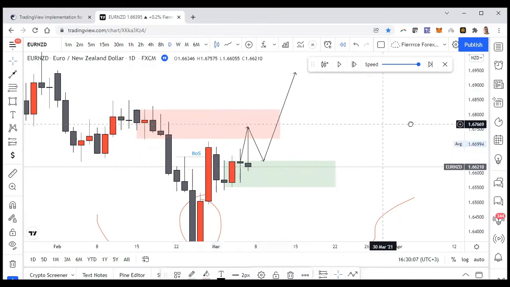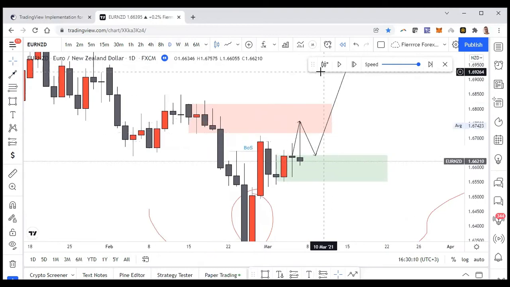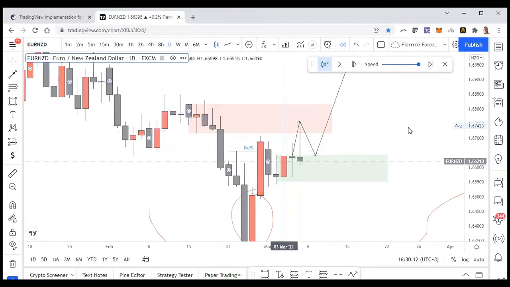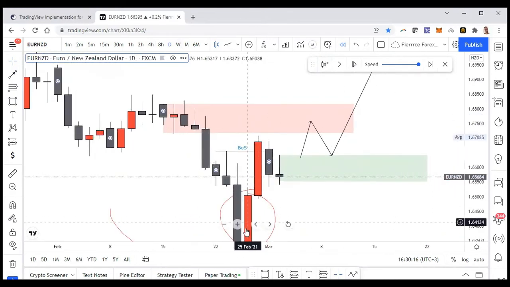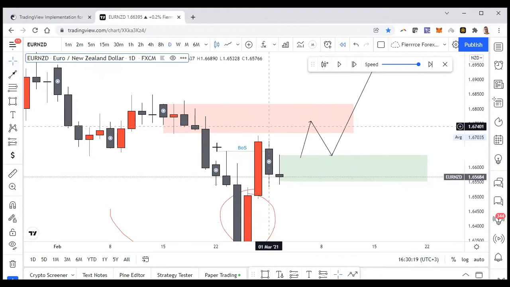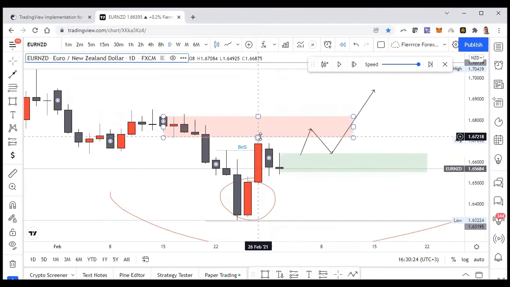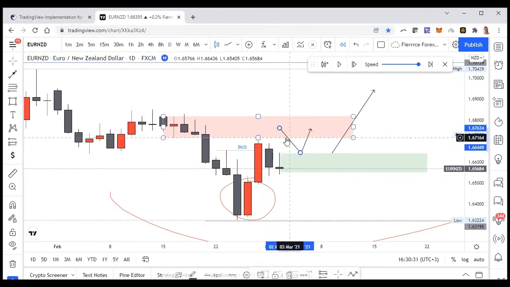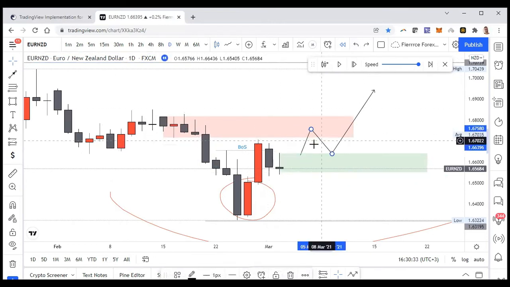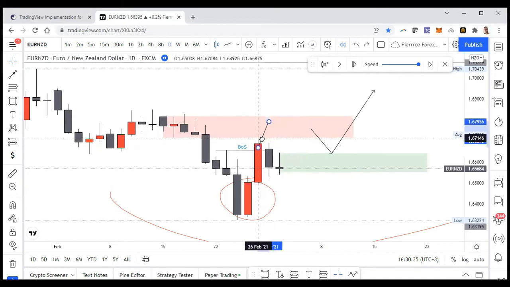Now, from this candlestick here, why did I want to buy? Because price pushed up and broke structure. And remember, in our anatomy of price, when it breaks structure, we push up, we retrace. So I anticipated that from this break of structure, we would come back here, or we would retest.